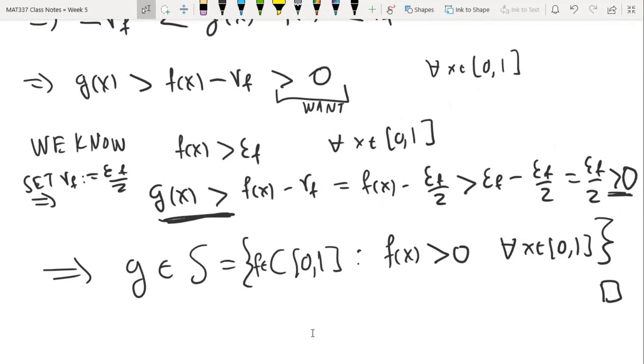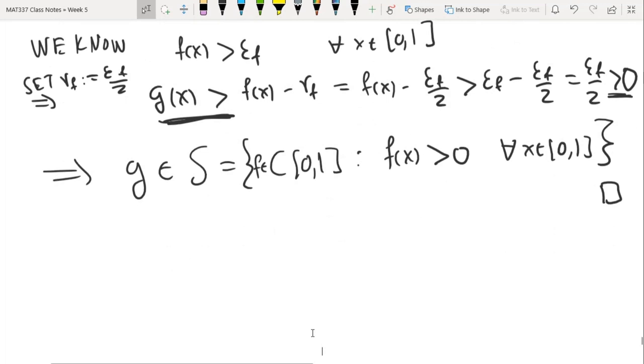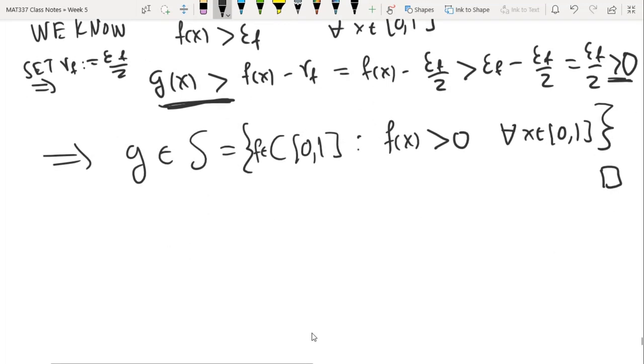So I'll do an example of closed. So let me define what closed means. It's the same as before.